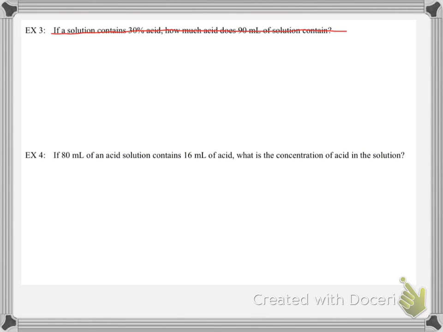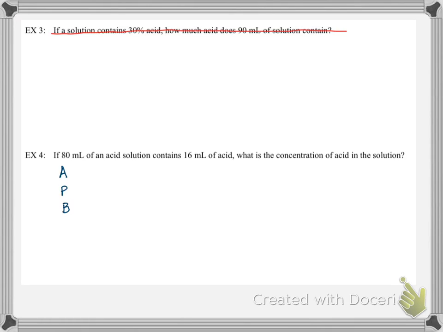Let's look at number 4. It says if 80 milliliters of an acid solution contains 16 milliliters of acid, I want to know the concentration of the acid in the solution. So again, we're going to start exactly the same way. We have amount, percent, base. What does my percent represent here?